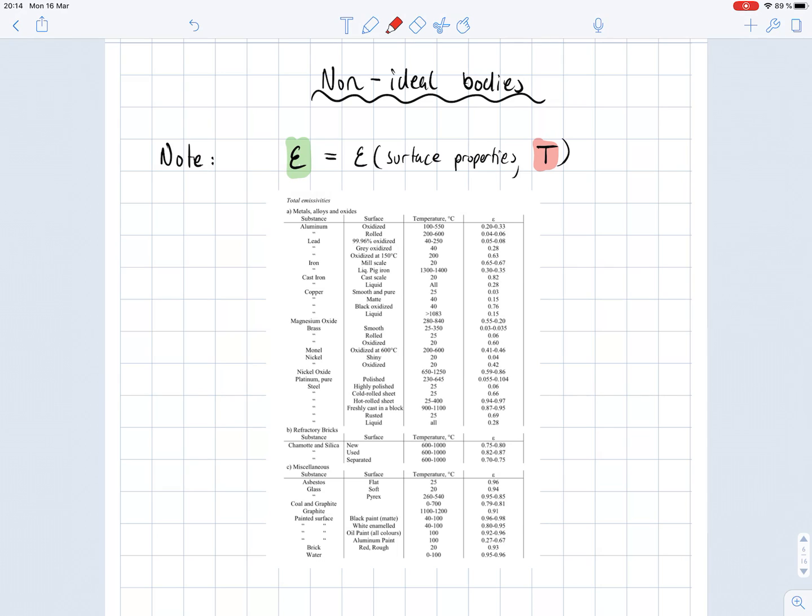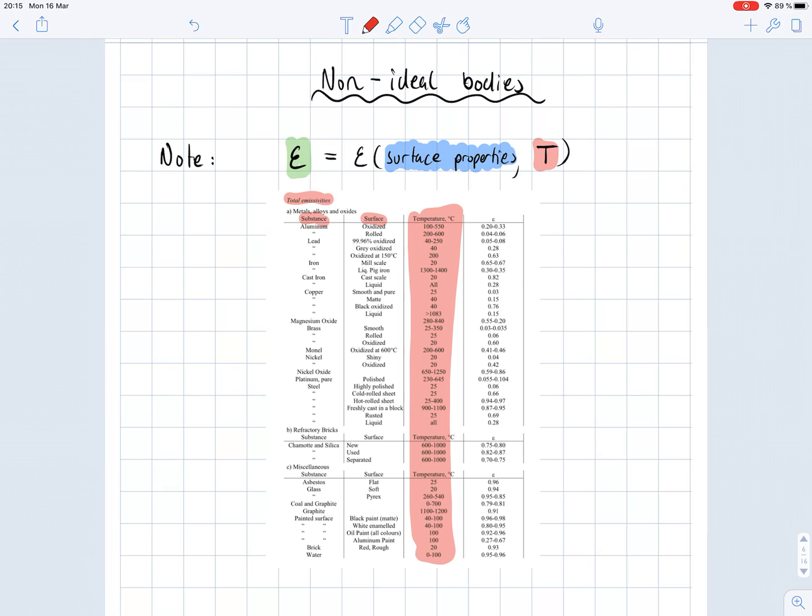So in this table we have specific temperature ranges for different materials, different substances that have different surfaces. This is then the total emissivity, so it's a function of the temperature. Also, as I spoiled, it is a function of the surface properties.